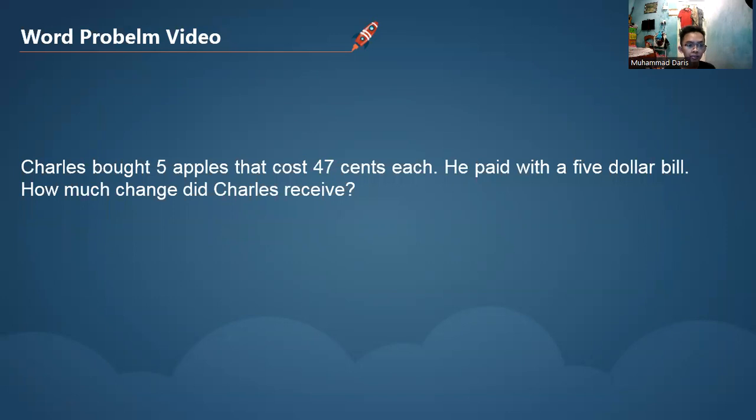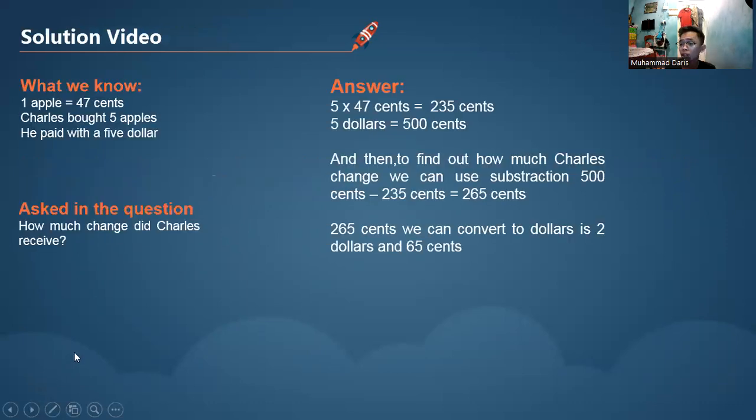The question is, Charles bought 5 apples that cost 47 cents each. He paid with a $5 bill. How many cents did Charles receive? Okay. Solution. What we know in the question is 1 apple is equal to 47 cents, and Charles bought 5 apples. He paid with $5. Asked in this question, how much did Charles receive? Answer. He bought 5 apples, so 5 times 47 cents is equal to 235 cents, and $5 is equal to 500 cents.